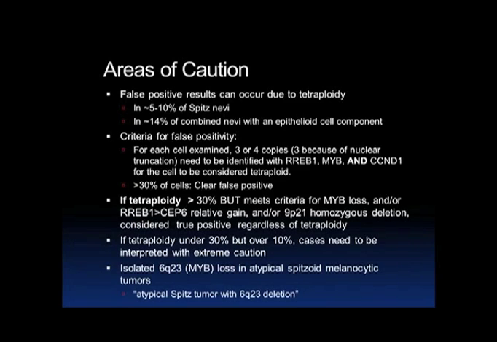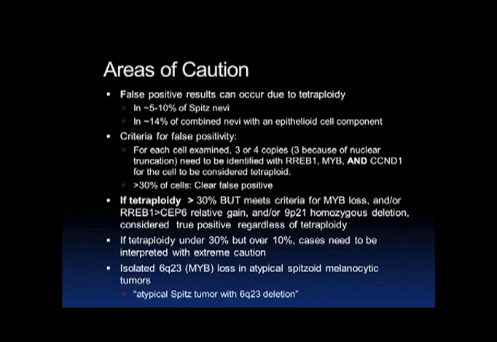Now, there are criteria for false positivity, and here it gets really, really complicated. So what you basically have to have is over 30% of cells showing 3 or 4 copies with RREB1, MYB, and cyclin D1. Okay? So 3 is because sometimes you basically chop part of the nucleus off and you just lose the fourth copy in it.